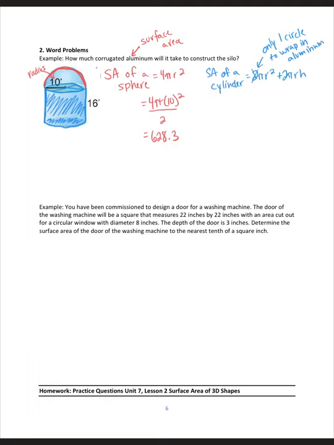So if I was going to rewrite this, I would rewrite it with just pi, and then our radius is 10 squared plus 2 pi times my radius of 10 times the height of 16. Okay, and if we simplify, we're going to get 314.7 plus 1005.3, which equals 1319.5. So then total surface area would just be the sum of each of those individual surface areas.